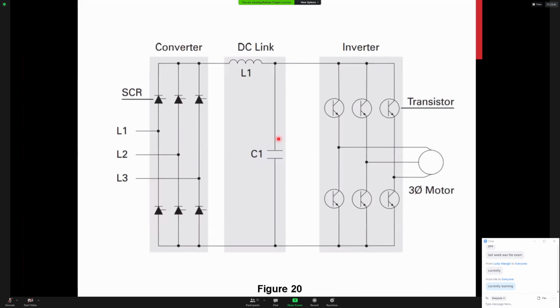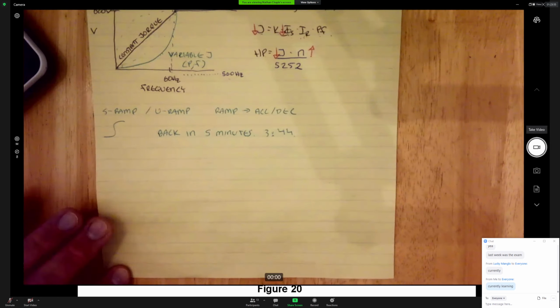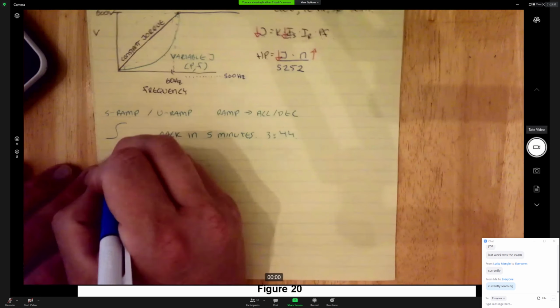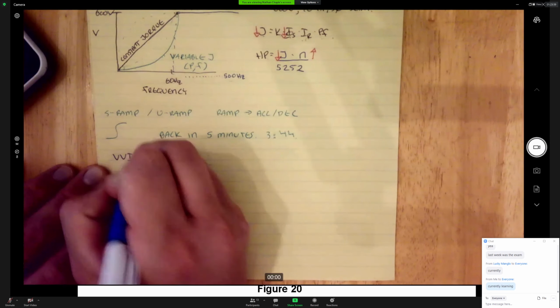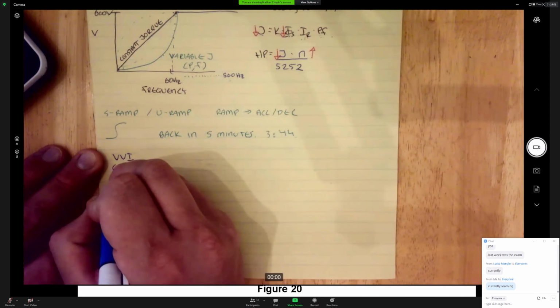So the very first one we are going to look at, this is called the VVI, and I'll write this down here. So the very first diagram we're going to look at is called the VVI. There is also CSI and PWM.